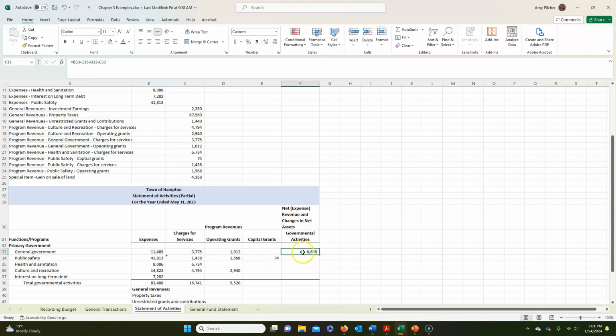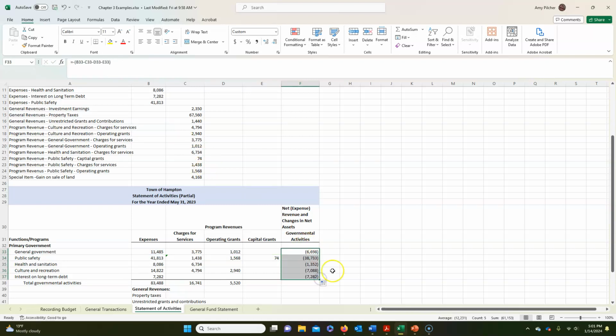I'm going to copy that down, and I'm going to change that and put a negative in the front. Playing with the formula to see how I want it to be. There we go.